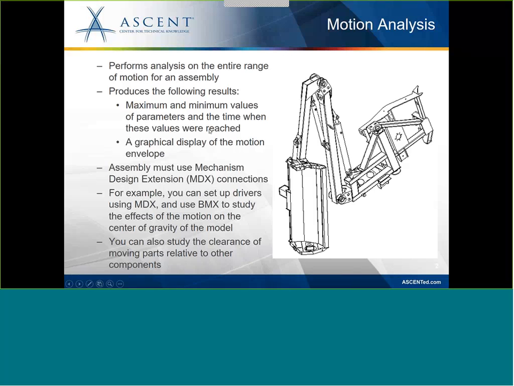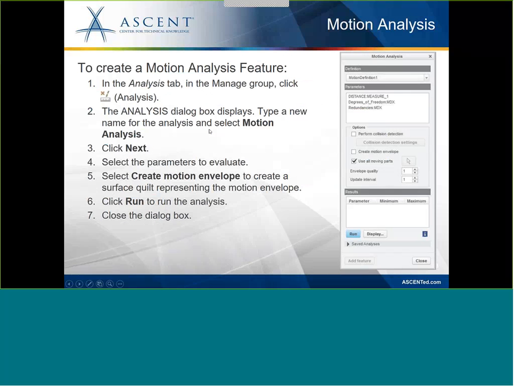So to combine MDX, Mechanism Design Extension, and BMX, Behavioral Modeling Extension, we first do our motion analysis. So we create an analysis feature, set the type to motion analysis, which then opens up our motion analysis dialog box.